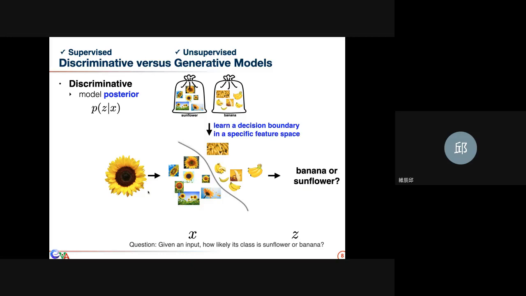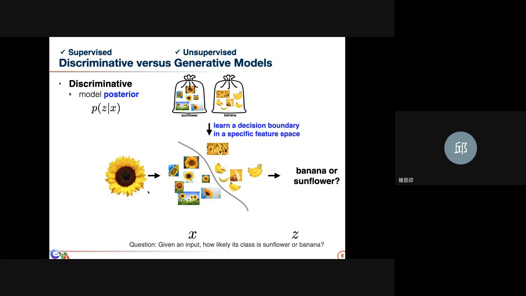Supervised learning is trying to find a mapping between your input X and your Y, and you are provided the training data composed of input and output pairs, right? Basically you're trying to find a mapping from the input to output.